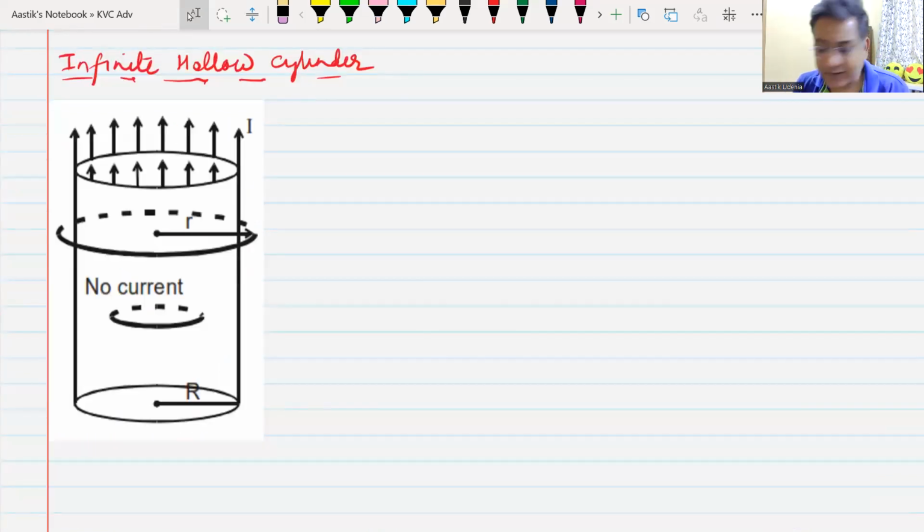The next one is an infinite hollow cylinder, and in an infinite hollow cylinder you can see the current is only on the circumference of the cylinder.